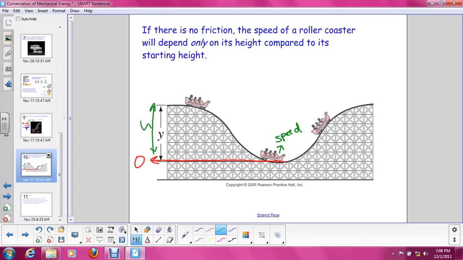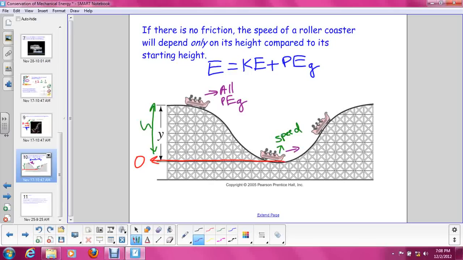Why? Because the total energy in a system is kinetic energy plus potential. There is no elastic potential here, so we're going to go ahead and say gravitational potential energy. And at this point right here, right before it starts moving down the hill, it's all gravitational potential energy. If we look down at the bottom, we call this our 0 mark.